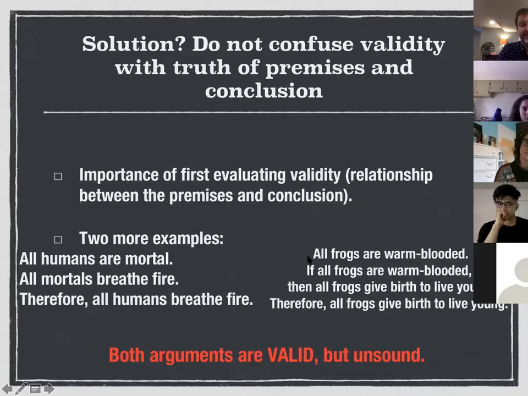We could replace this sentence, all frogs are warm-blooded, with a variable to stand for it, maybe the letter A. So we could say A. And then this is another separate idea, all frogs give birth to live young. We could replace that with B. And then our argument form would look like: A, if A then B, therefore B. Okay. Right? Yeah. And that's clearly a valid argument. All right, any other questions about that?